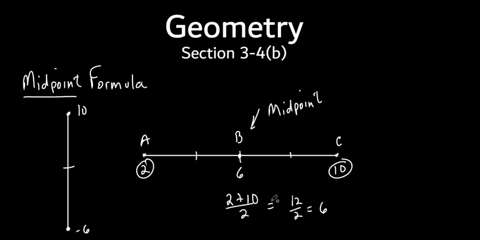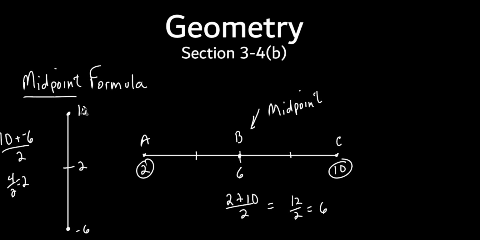What's the rule? What did I just say to do? I add them together, right? So 10 plus -6, and divide by what? 2. What's 10 plus -6? 4 divided by 2 is 2. So where's the middle? The middle is 2.